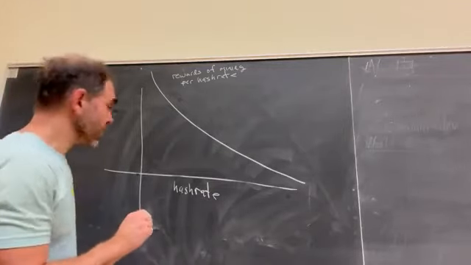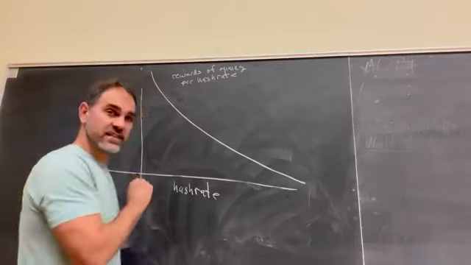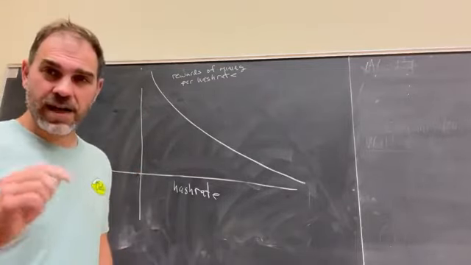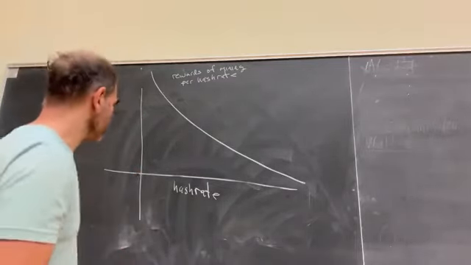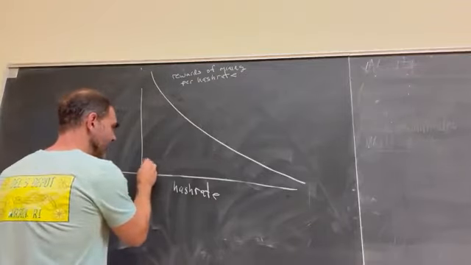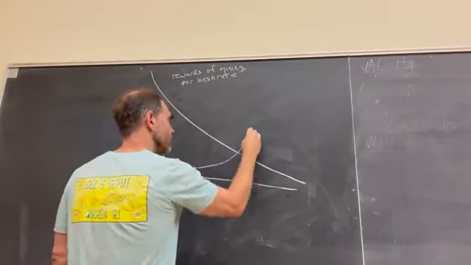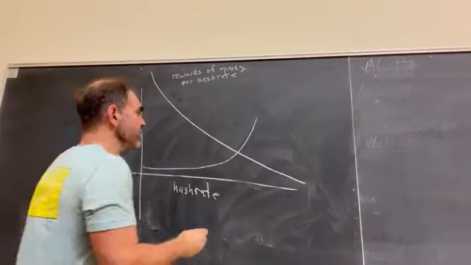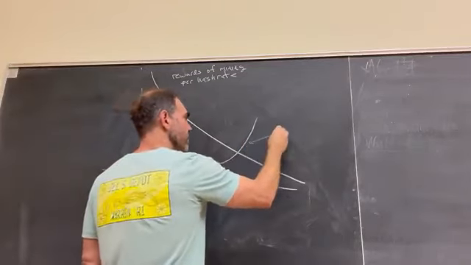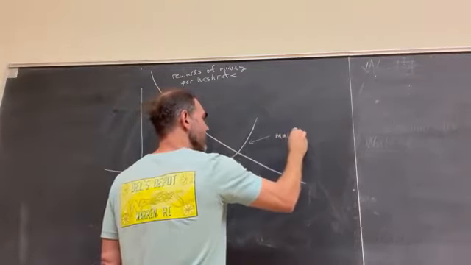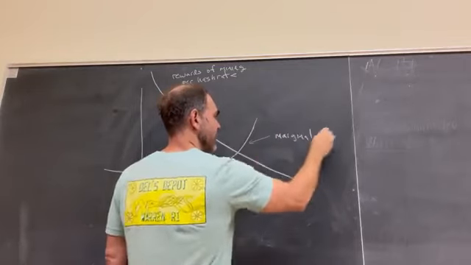Okay, now there's another very important curve, which is going to tell you precisely where the hash rate is going to end up. This curve looks something like this. And this is going to be the marginal cost of producing hash.